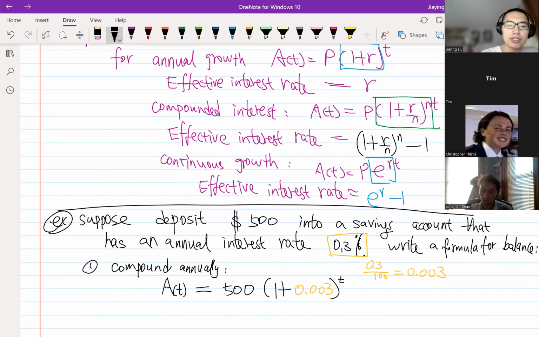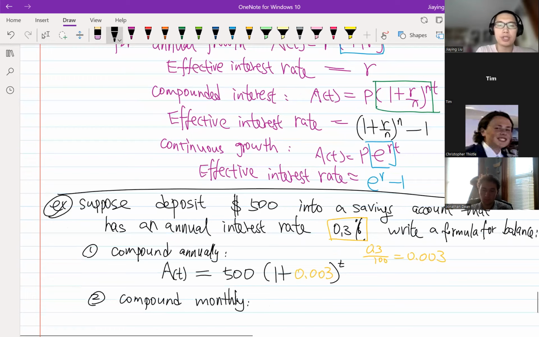And then the second one says, okay, what if we have it compounded monthly? If it's compounded monthly, we're going to have to use the compounded interest formula. There's no other formula that works.